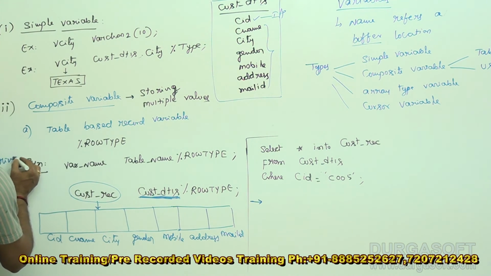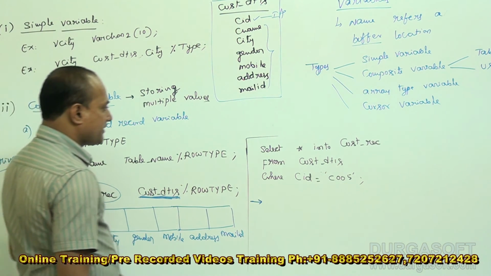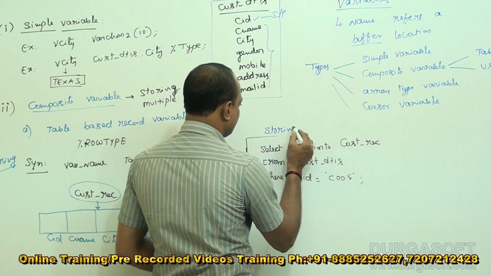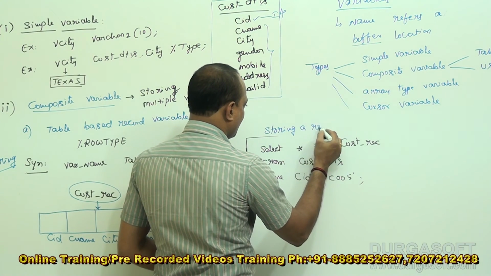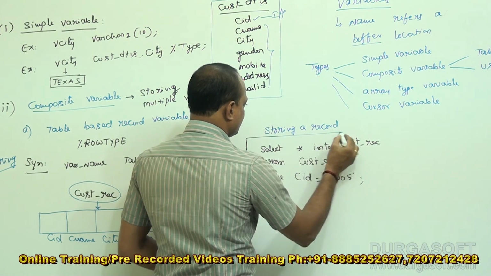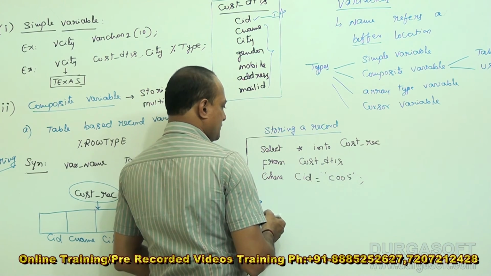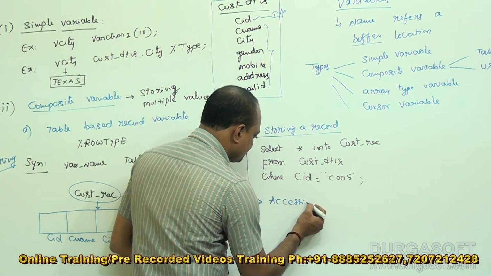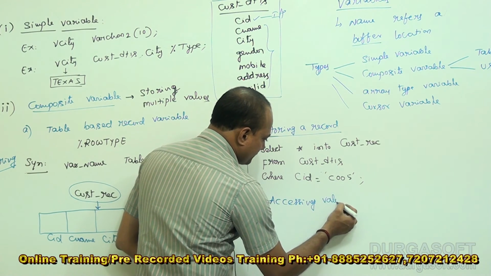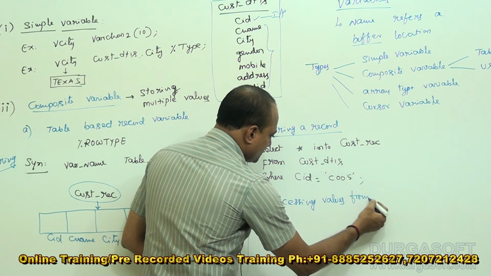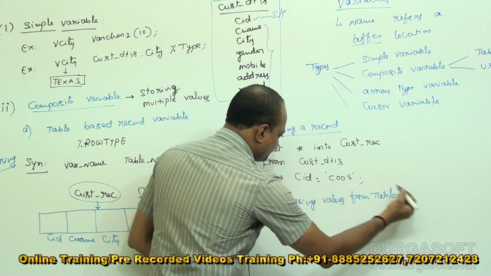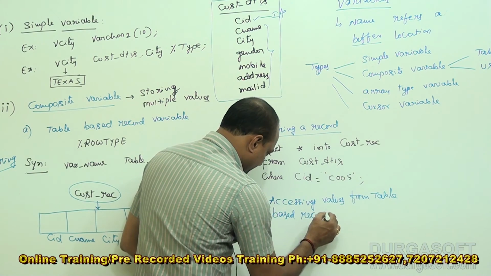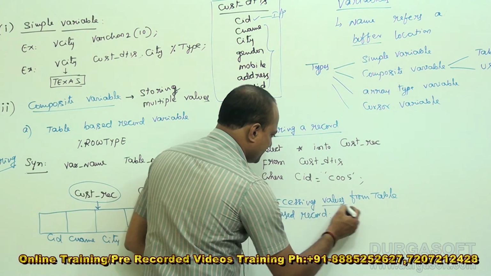Here, storing a record. What is the third step? Accessing values from a table based record. So very, very important.